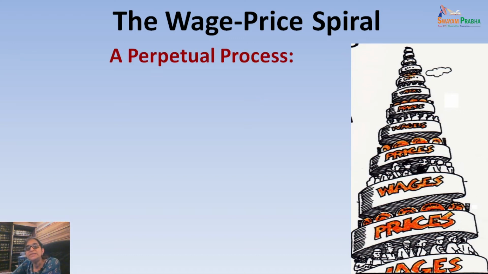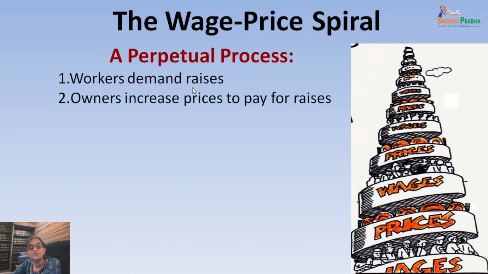Basically, a spiral means it's a perpetual, ongoing process. What ongoing process? Let us say workers feel that the price level in the economy is rising. To compensate, so that their real wages do not fall, they demand a raise in their wages. And generally, owners increase prices to pay for the raises.